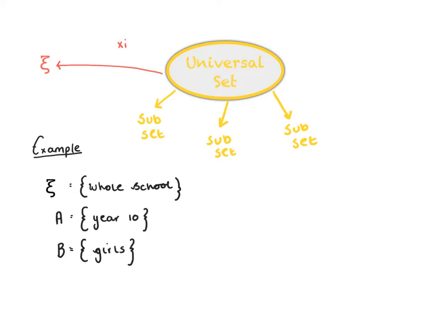Another example might be that the universal set is the numbers between 1 and 8. And a subset A of that might be the numbers 2, 4, 6 and 8.